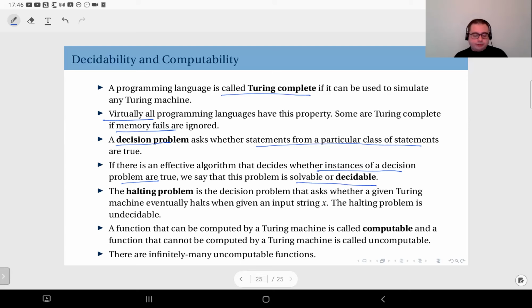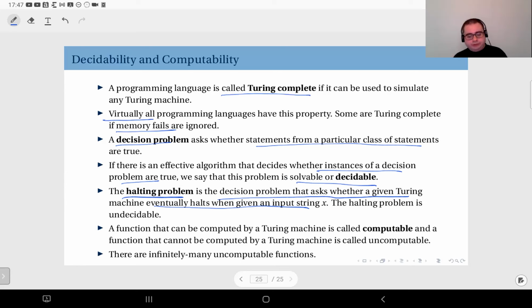But for instance, the halting problem, this is a very famous problem, again laid out by Turing, is the decision problem that asks whether a given Turing machine eventually halts when given an input string X. So consider you have a specific Turing machine and consider you have a specific input string X. The question is, if I provide this string X to the specific given Turing machine, is it going to halt?